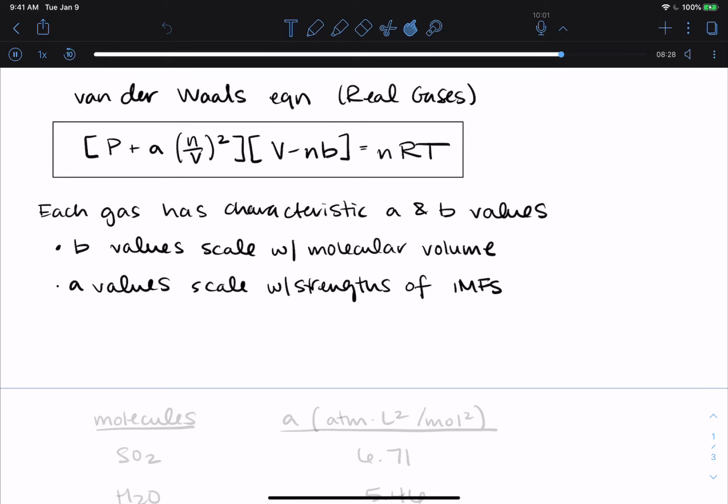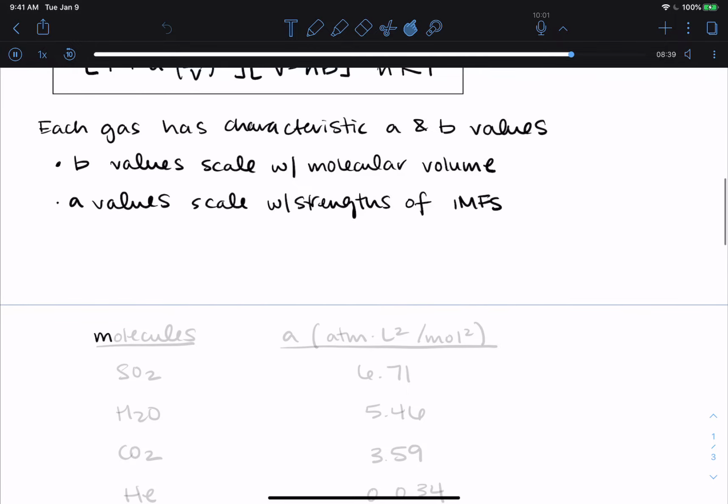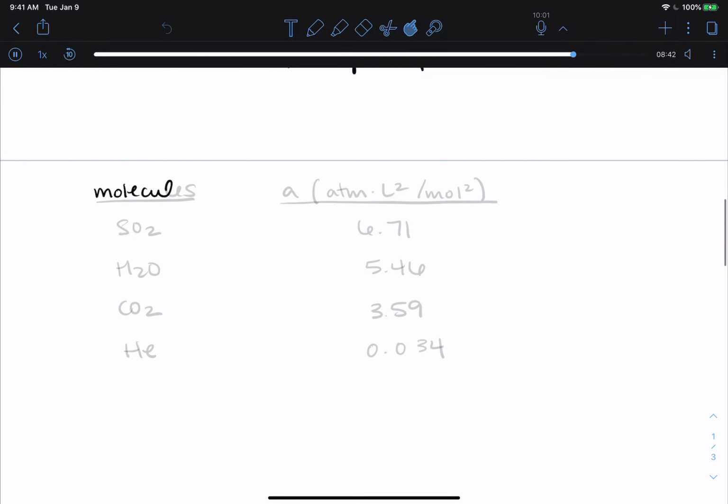So just a couple of examples. I don't have the b values listed here, but just some examples of the a values that will show up.